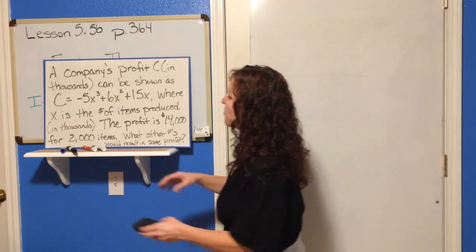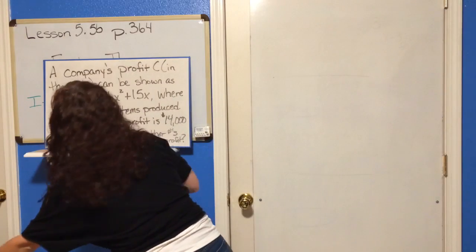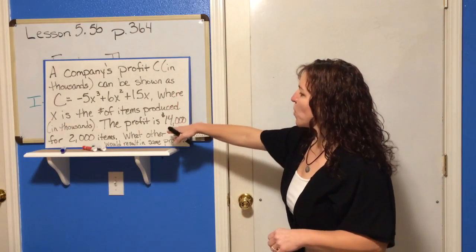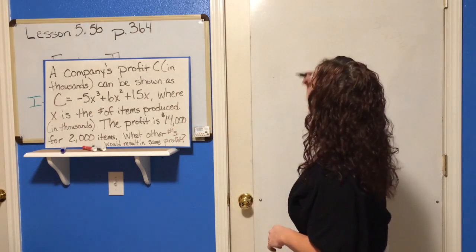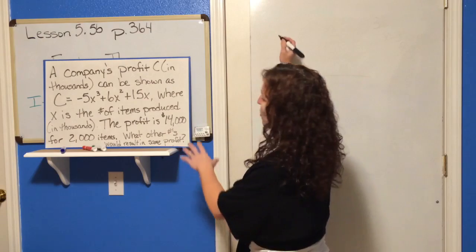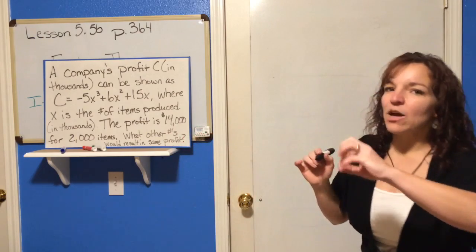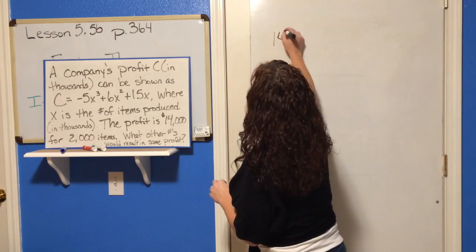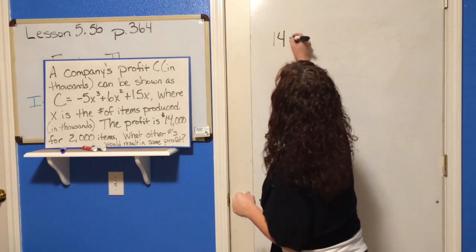So what we need to do first is set up our equation here, our function, and what we've got is the profit is 14,000. So because this is in thousands, our C is not going to be 14,000, it's going to be 14. That's what I did wrong on my notes.